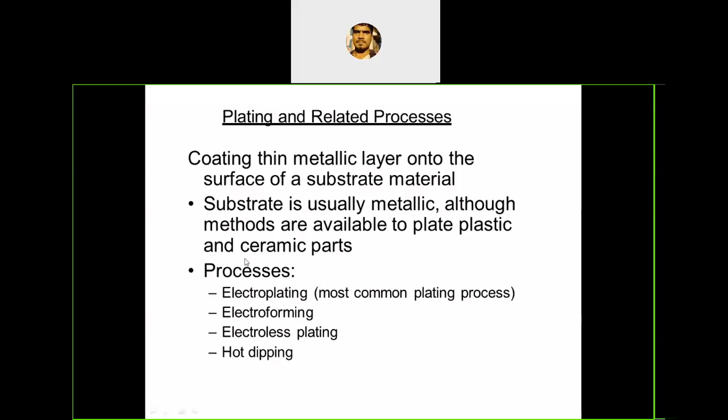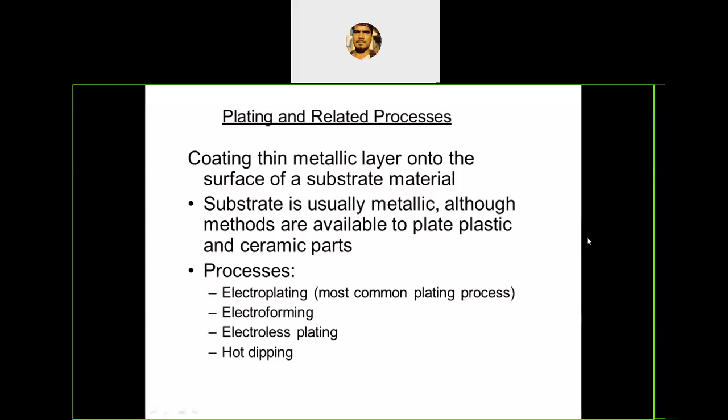It is a coating of a metallic layer. So here we use only metal parts, not non-metallic, and the substrate is usually metallic because it produces negative and positive ions in the electrolyte.